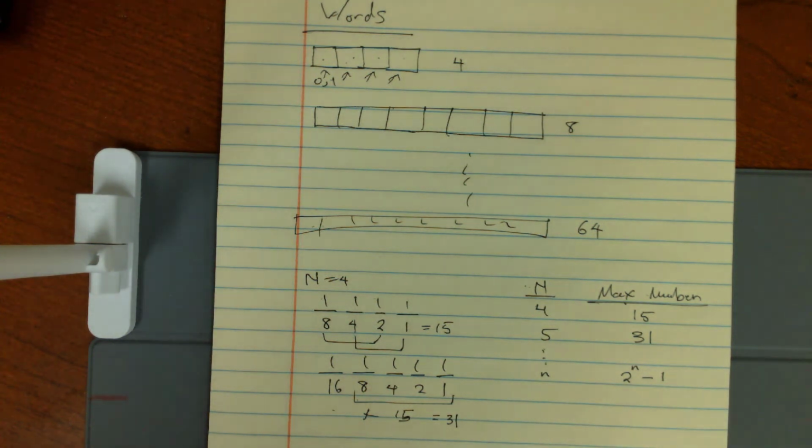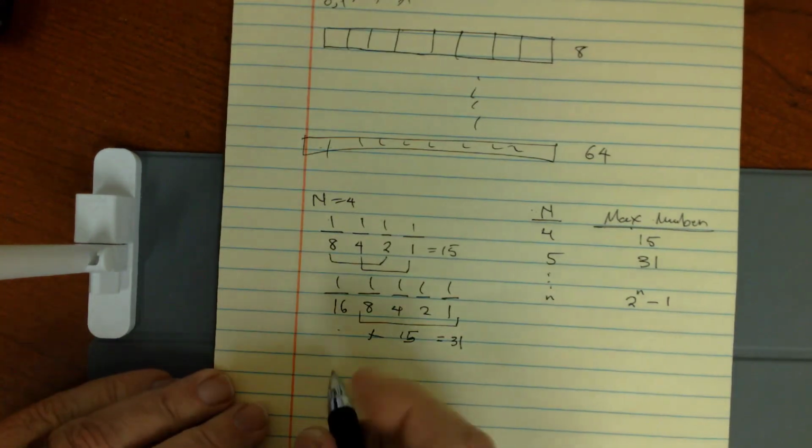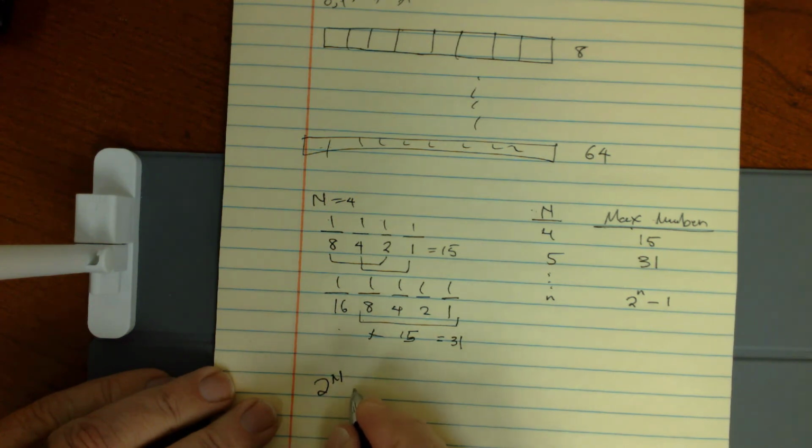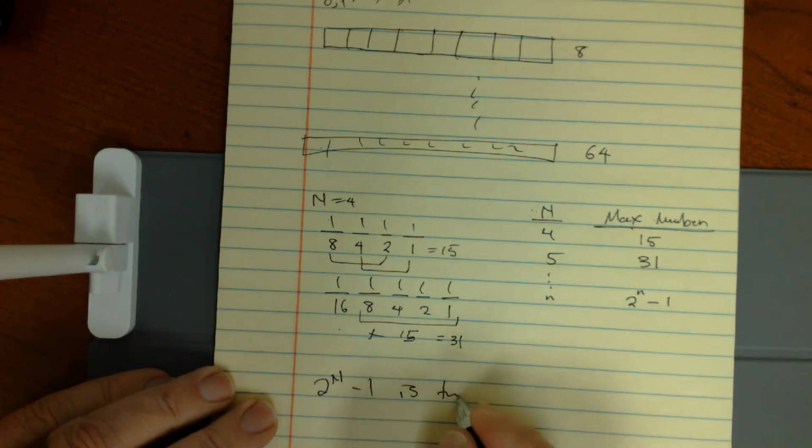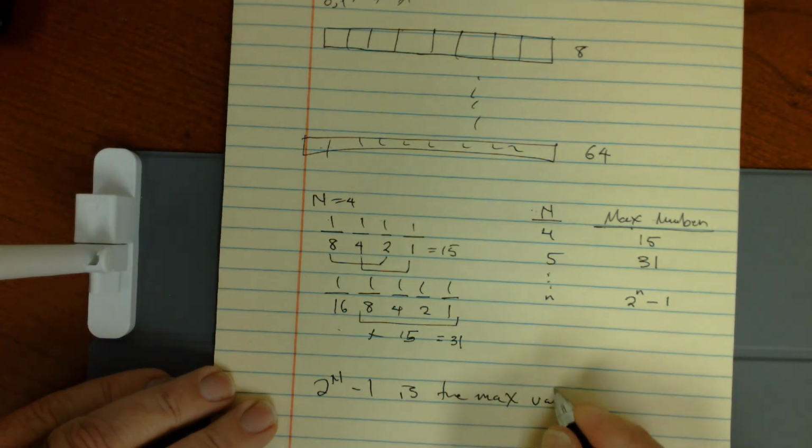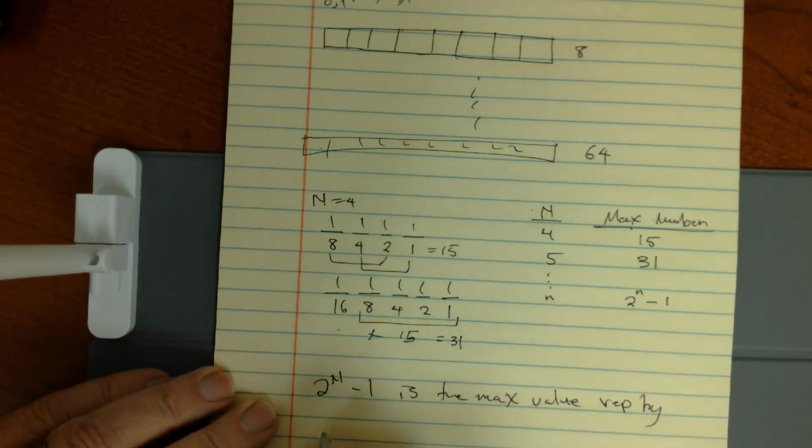So the maximum value that can be represented in n bits is 2 to the n minus 1.